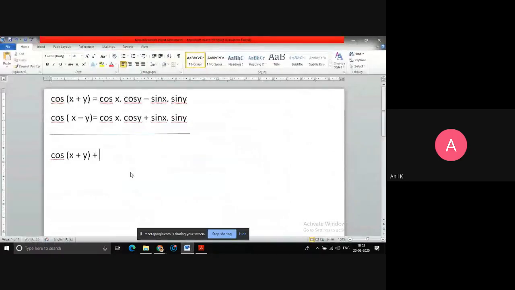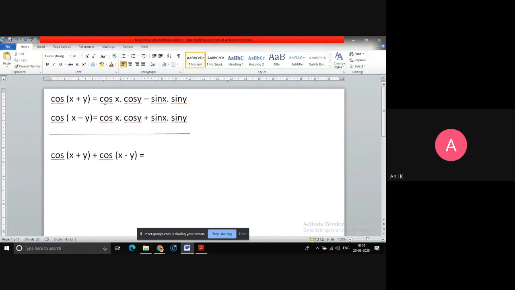So if I add them, I'll get cos (x plus y) plus cos (x minus y) will be equal to, this is the term which I get on the left side. So I'm adding both the equations. On the right hand side, this is minus sin x sin y and this is plus sin x sin y, so both will get cancelled.